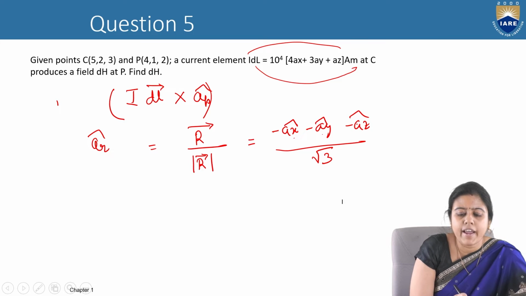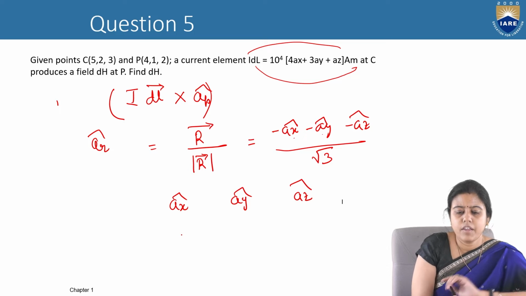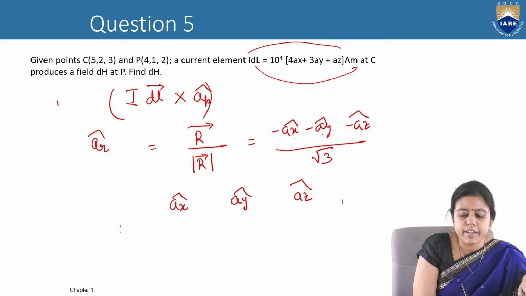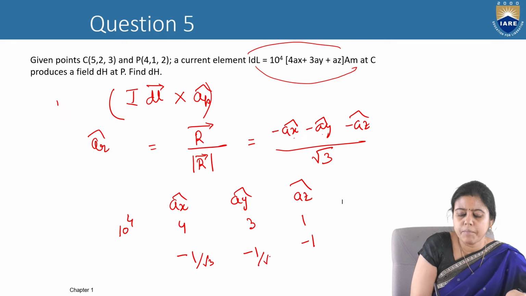So what is I dl into AR? We know the I dl value, so how to calculate? Taking ax, ay, az components, I am taking the 10 to the power minus 4 constant. 4, 3, 1, and minus 1 by root 3, minus 1 by root 3, minus 1 by root 3.